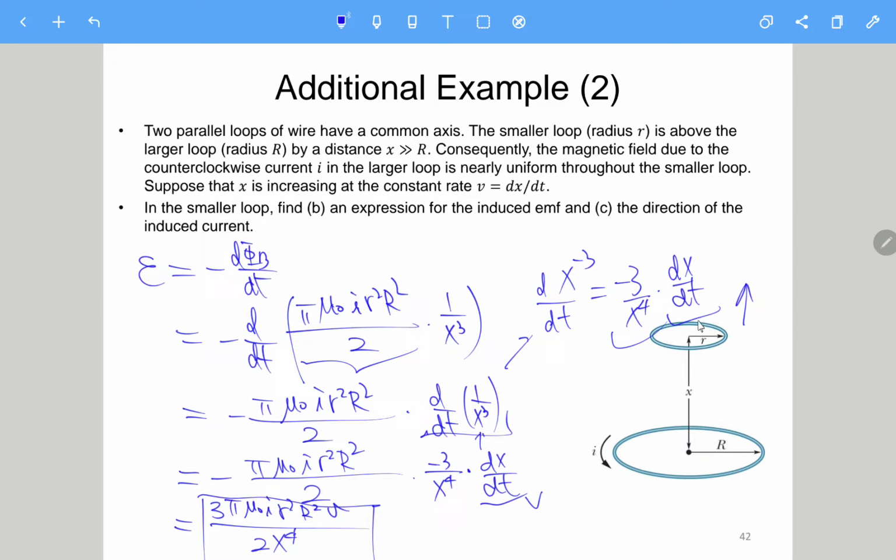And you can see that this loop is moving away, which means that the magnetic flux going through the smaller loop is decreasing, which means that the induced EMF should point to this side. So the direction of the induced current should be counterclockwise. So for part C, the induced current should be counterclockwise.